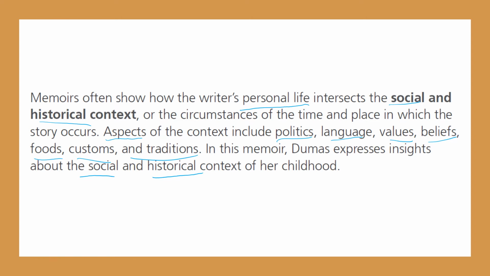So you can think of a memoir from this. If I take this description or this definition, memoirs often show how the writer's personal life intersects the social and historical context. So I may think of it like, let's put those two circles here. Let's think of this one is social and this one is historical.